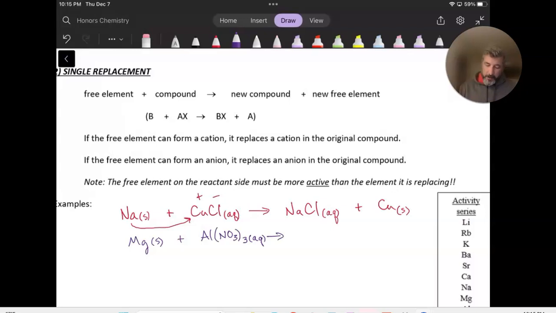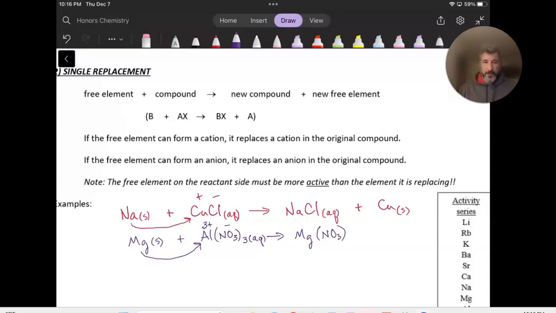We have aluminum, which is our positive, it's 3 positive, and we have nitrate, which is negative. And so the magnesium, right now it doesn't have a charge, but it is a metal, and of course it's in group 2, which means it can get a 2+ charge if it's in a compound. And so that's what the magnesium is going to replace. It's going to replace the metal. Okay? So the magnesium will now be paired with the nitrate.